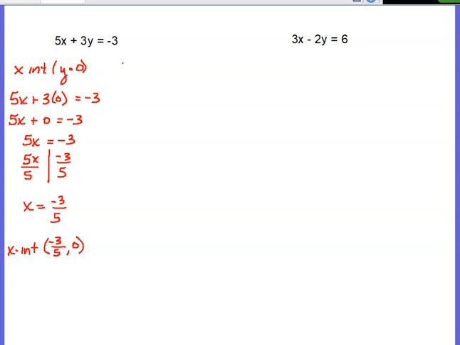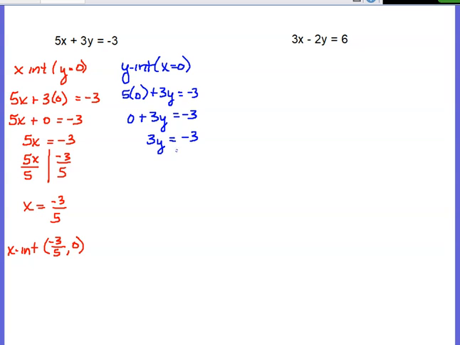Okay, for this one, for my y-intercept, x is equal to 0. So if I put 5 times 0 plus 3y is equal to negative 3. That's 0 plus 3y is equal to negative 3. So 0 plus 3y is just 3y equals negative 3, so I've got it simplified. I need to isolate my variable.